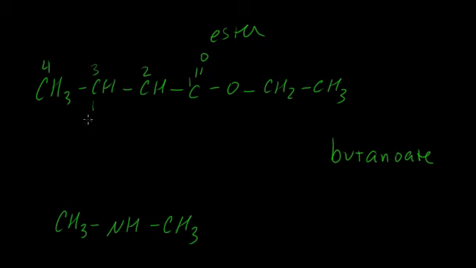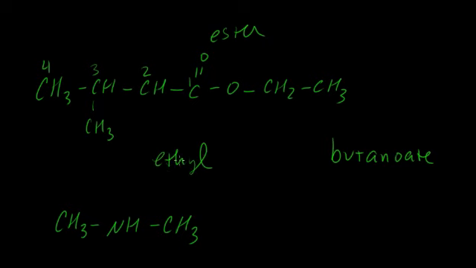And we have that same methyl group that we've been seeing in all of them. On the other side of the ester, we have an ethyl group, so that's going to come in first. We want to know what is on the other side of the ester.